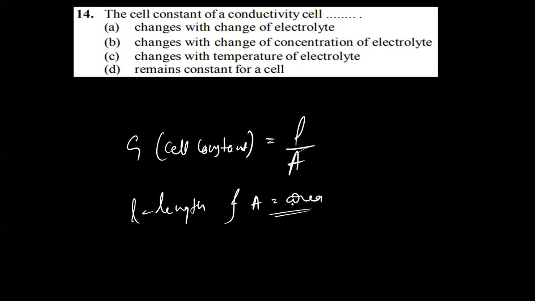Since L and A remain constant for any particular object, hence the value of the cell constant always remains constant. So for question number 14, the correct option is option D.